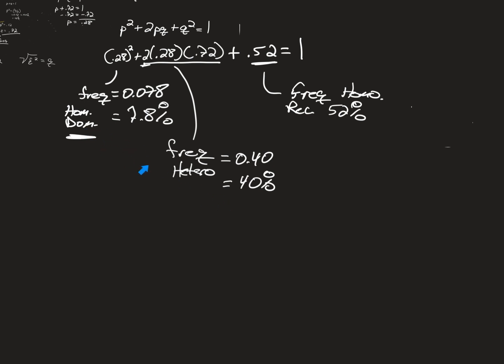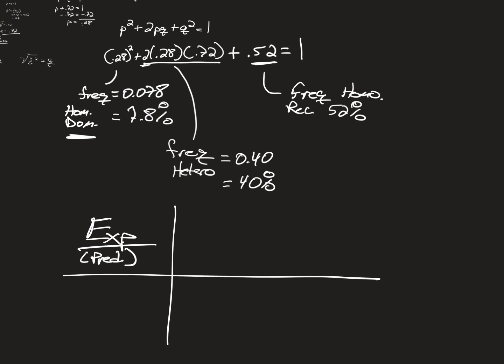We can run the DNA on a gel, and we can compare them. We could say, this is the expected value, or predicted. Another word for this is predicted. So these are the expected values. These are the observed values.